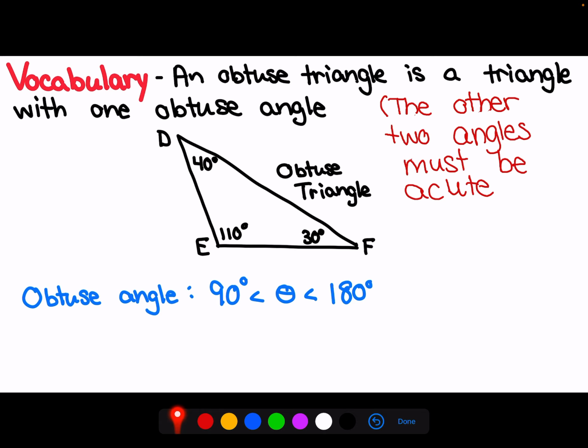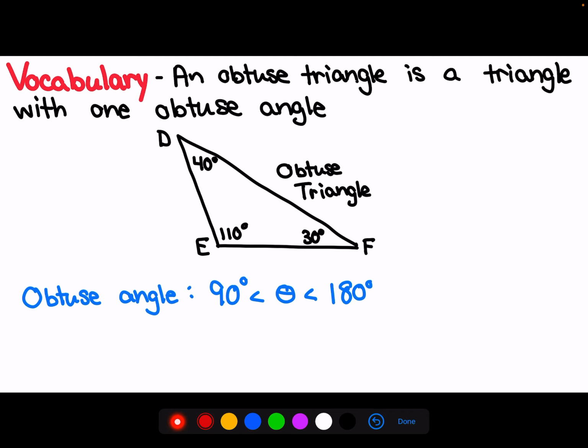So again, our obtuse angle must be between 90 degrees and 180 degrees. And then our other two angles need to add with our obtuse angle to be 180, meaning that they need to be acute angles. They need to be less than 90 degrees in order to do that. So again, we have one obtuse angle, and the other two angles are acute.